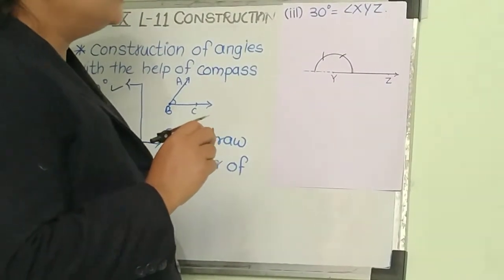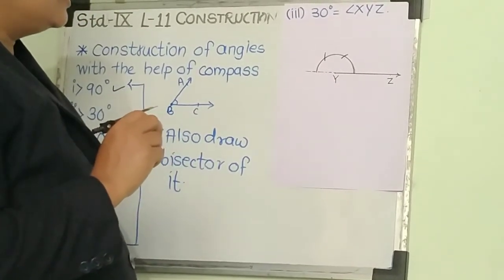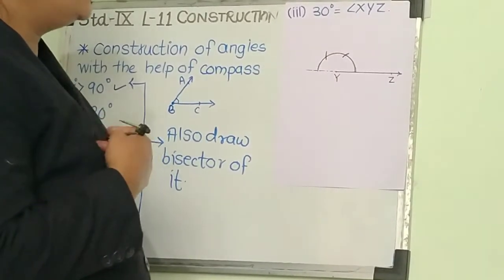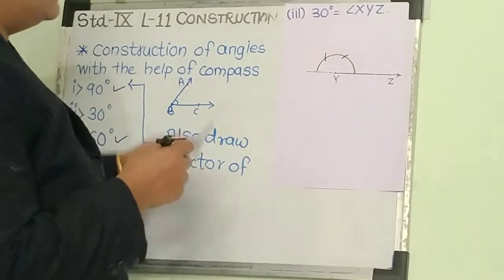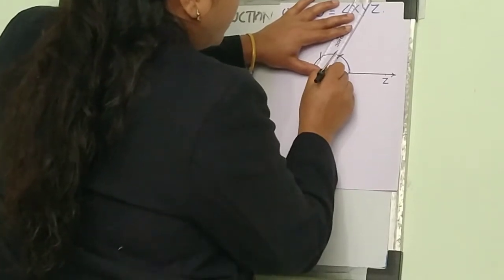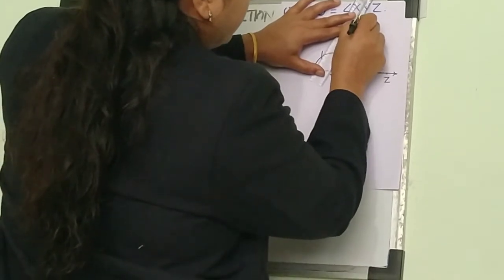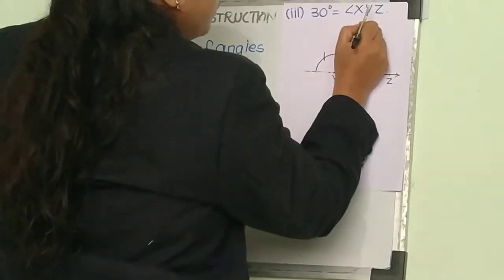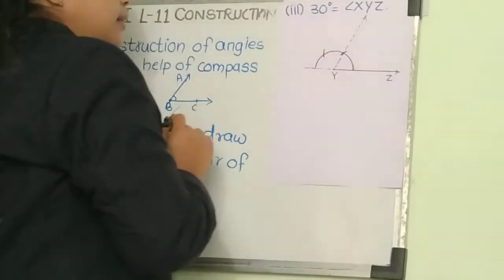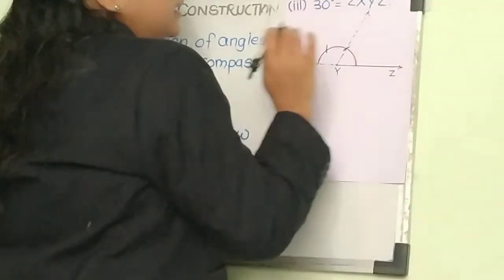So we know that 30 is half of 60 degrees. Correct? So first we have to draw the 60 degree angle. Now here I am showing the 60 degree angle with a dotted line because it is not our required angle. So first I will draw here the 60 degree angle. Now if I bisect this angle, we get the angle 30 degrees.